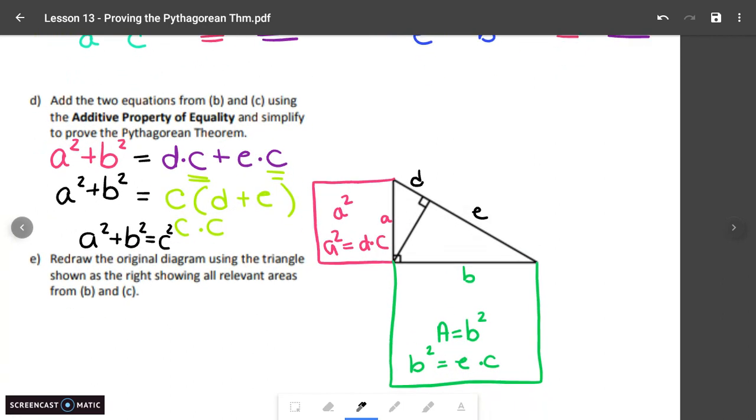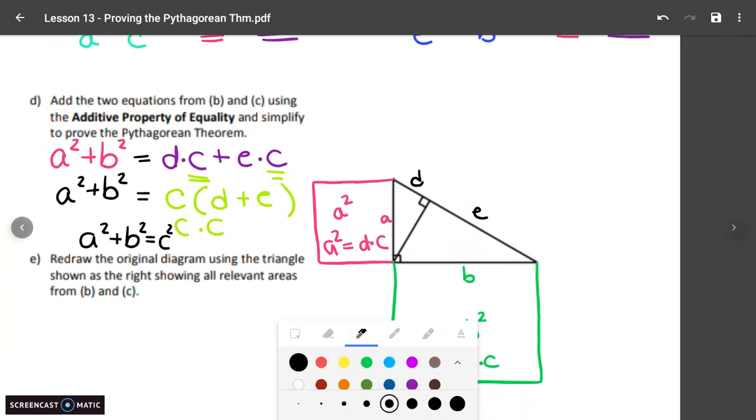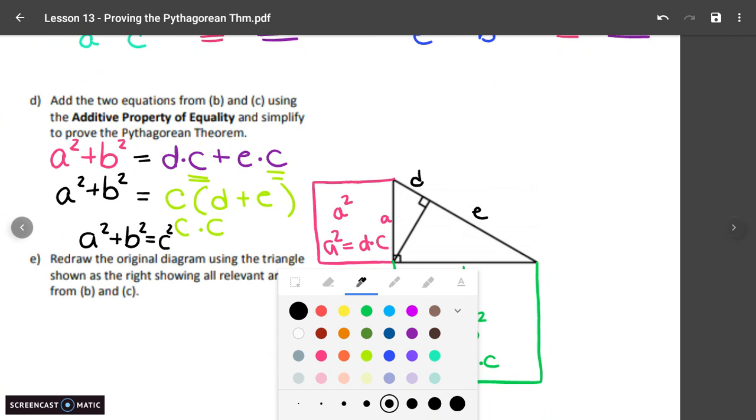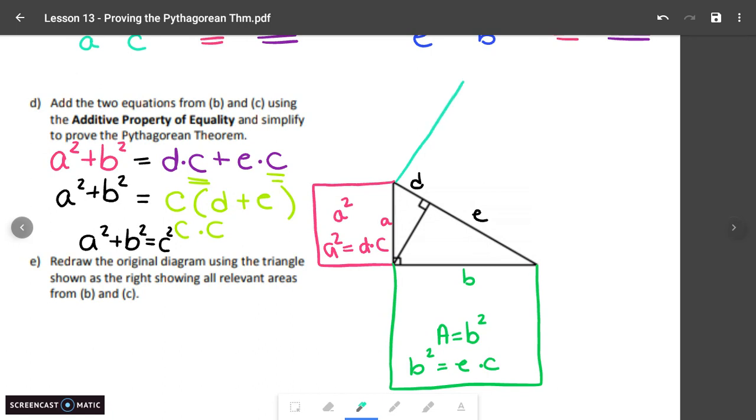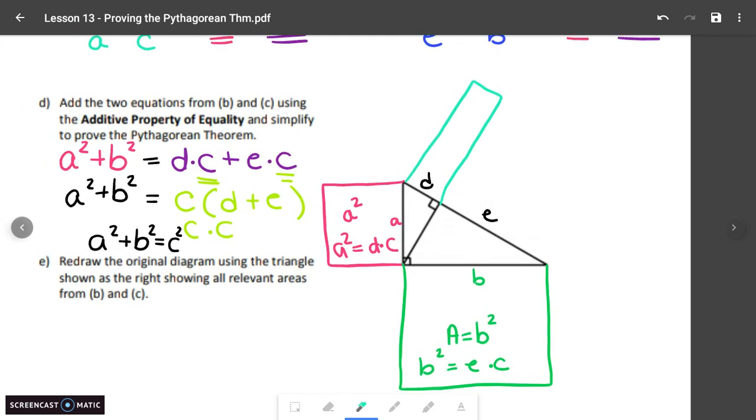Area formula is the same, whether it's a square or a rectangle, whatever. So when I do this, I'm going to break this part up into being d times e.